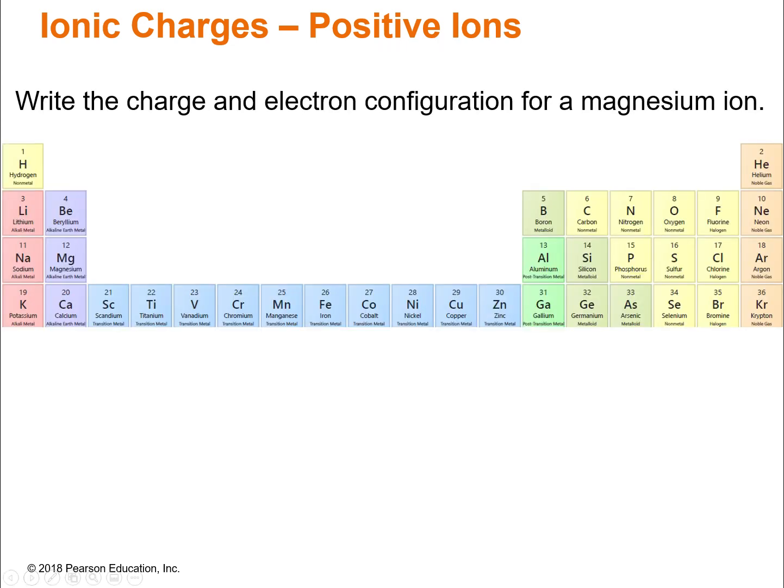Now let's do an example. We talked about the charge. We've talked about electron configurations. Let's put those two concepts together. Let's look at a magnesium ion. I'll label these for you.